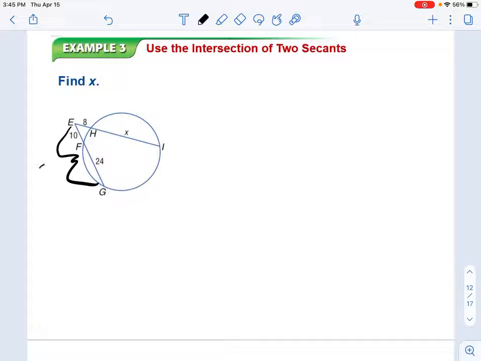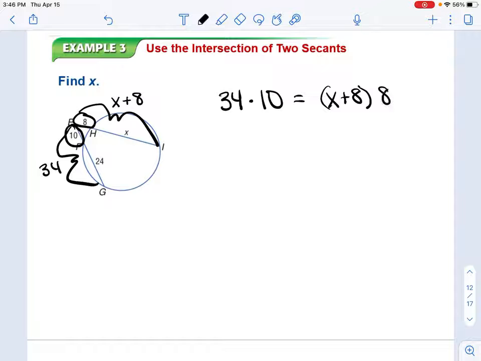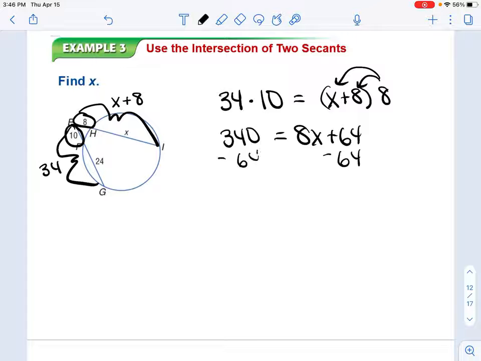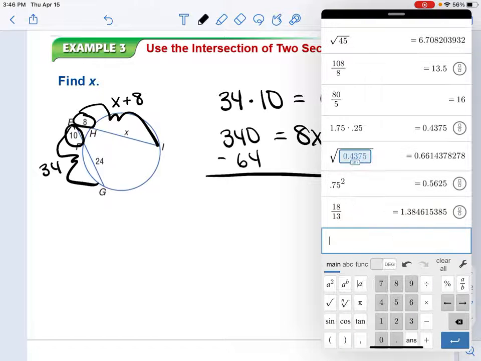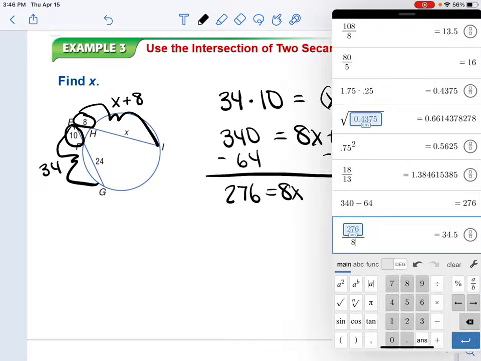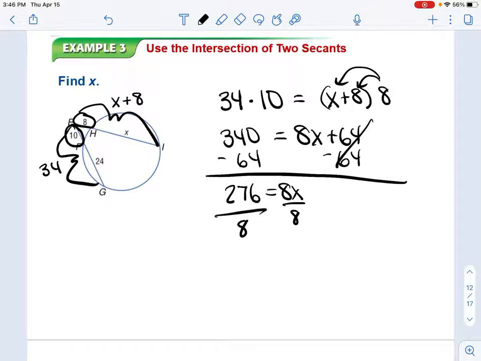We take our whole thing plus the external part, equal that to our whole thing times our external part. So we get 34.5 as our solution.